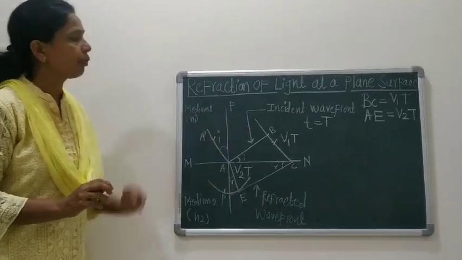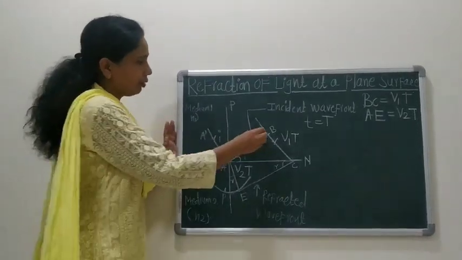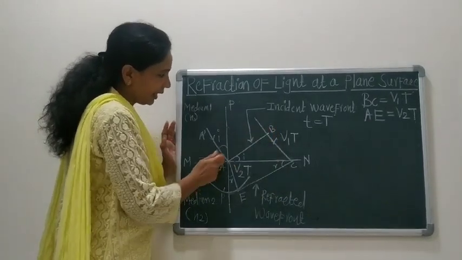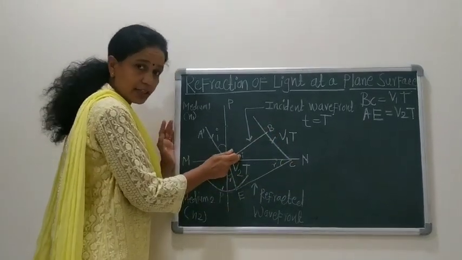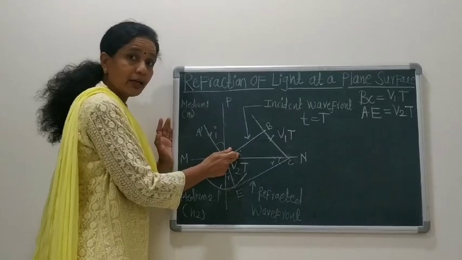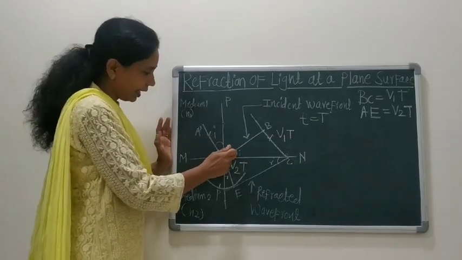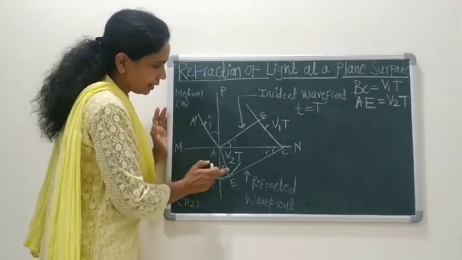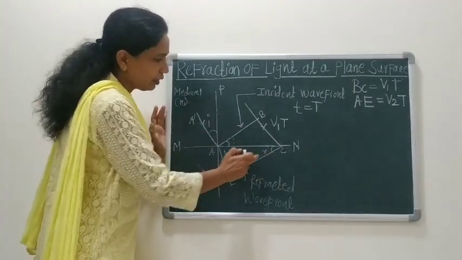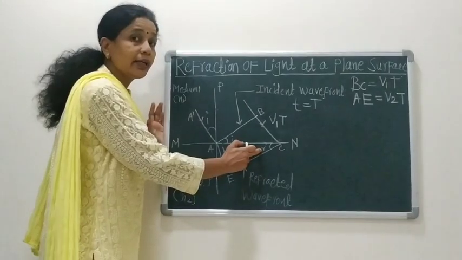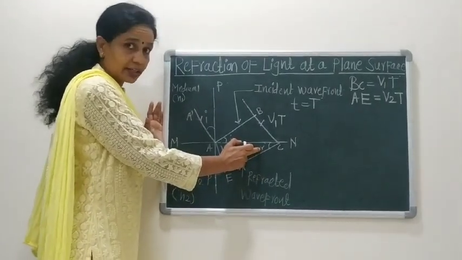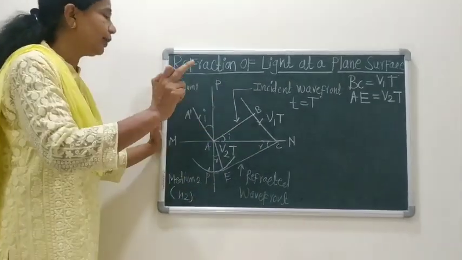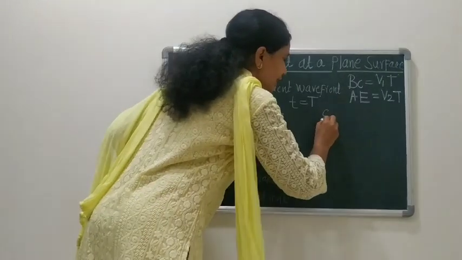Then from this figure we can say that from the triangle BAC, I is the angle of incidence, and in triangle ACE, R is the angle of refraction. Then according to trigonometry, what is sin I?